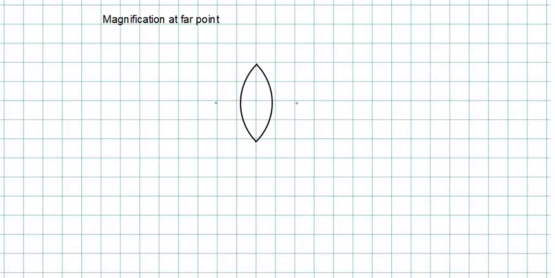Magnification at the far point now. To do that is the same thing only, not much difficult. Now what will happen is that the final image will be formed at infinity. So, again you have the same scenario, here is your object.